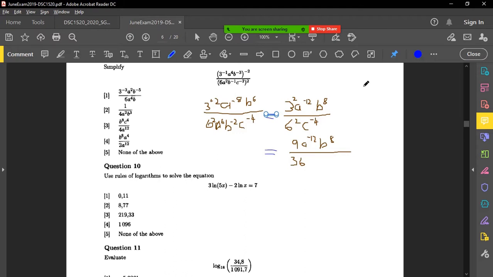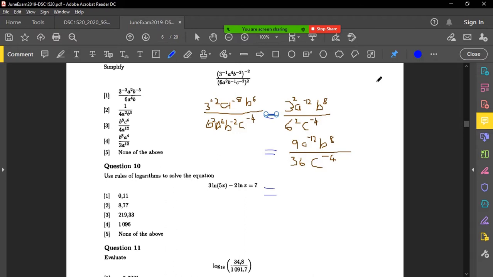Do we have an answer? Not yet. What happened to your C? Oh yeah, sorry, C to the minus 4. Now anything that can go into 9 and into 36, maybe 3?